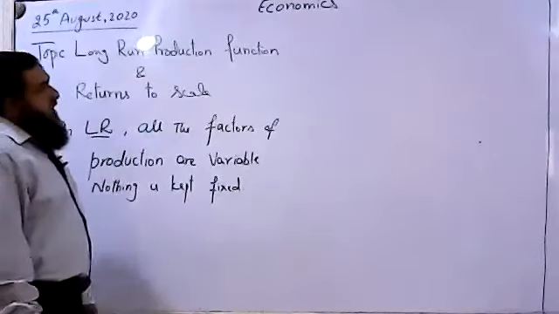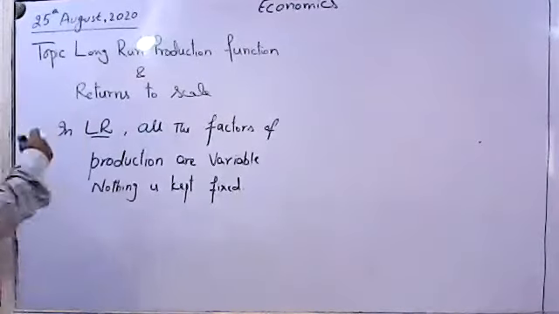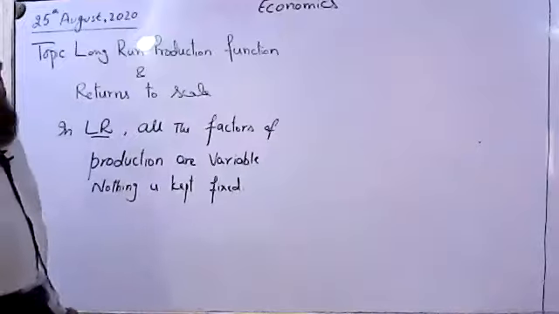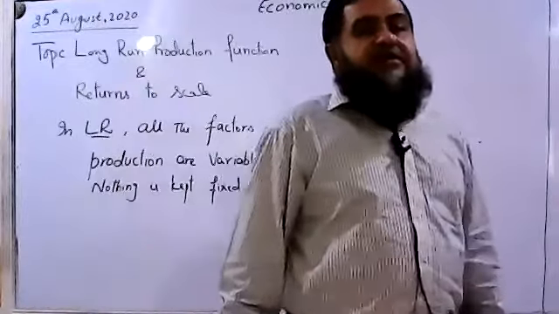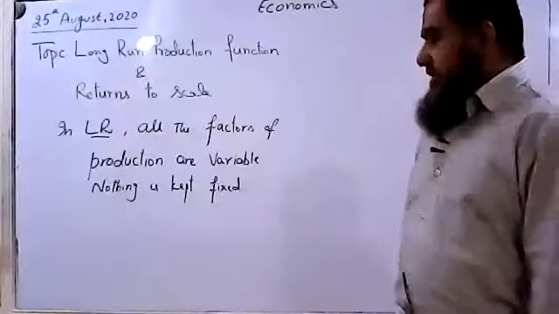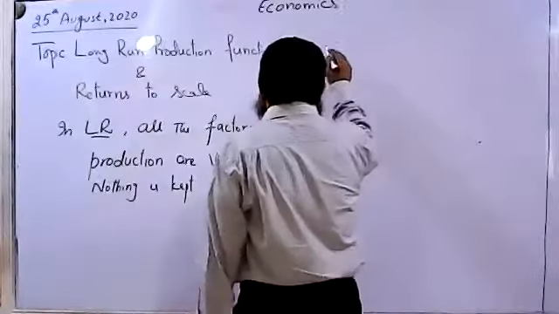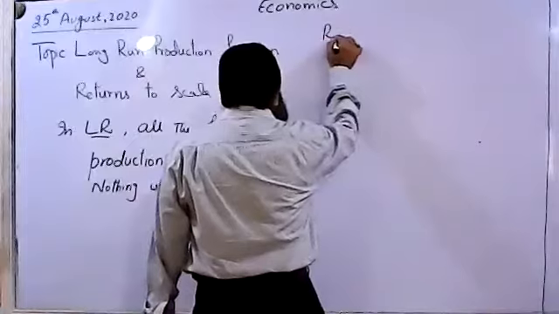Now returns to scale means how the scale of production will be changed, and how will it affect the long run average cost of production for the producer? There can be three returns to scale.